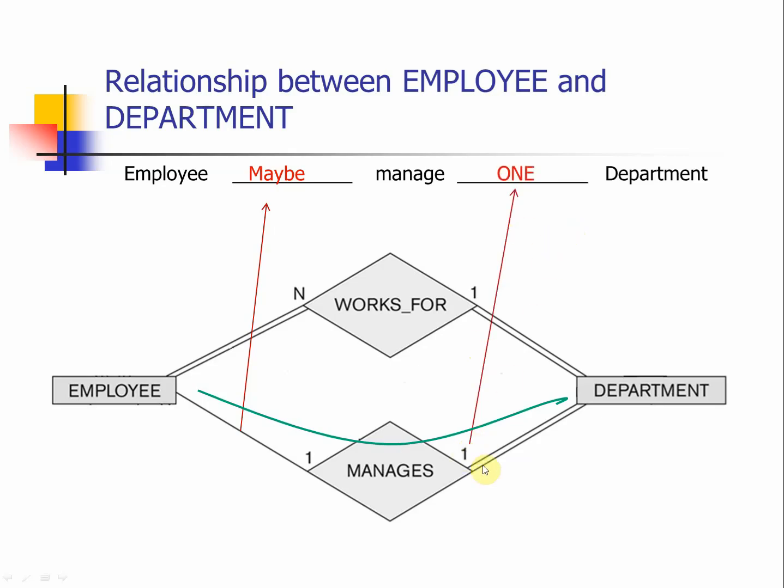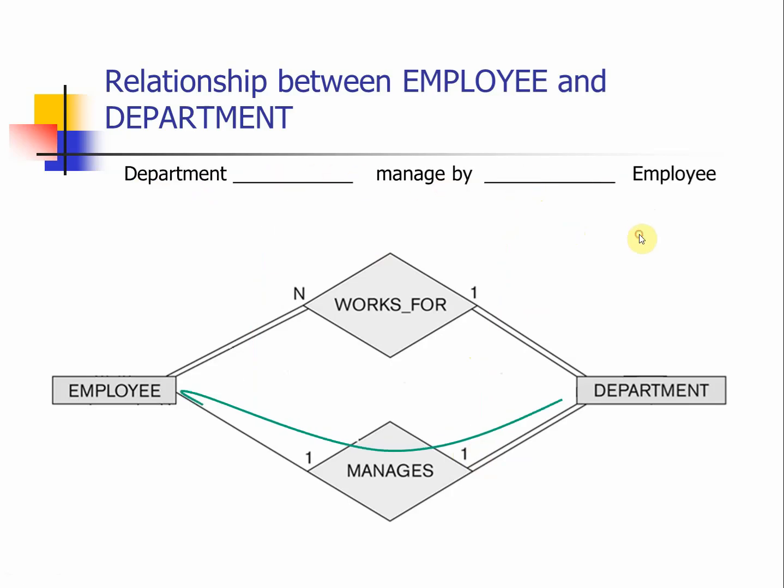Of course, if you put an N over here, this whole sentence will become employee may manage several departments. If we look at the other direction, department is managed by employee, then we are saying department must be managed by one employee. So that's saying every department has only one manager.